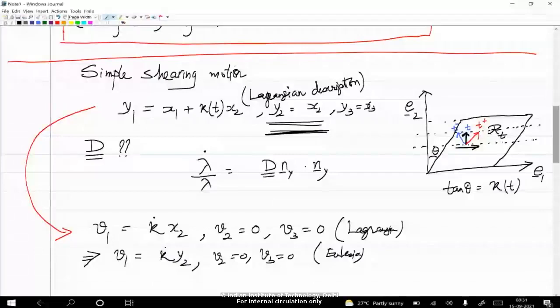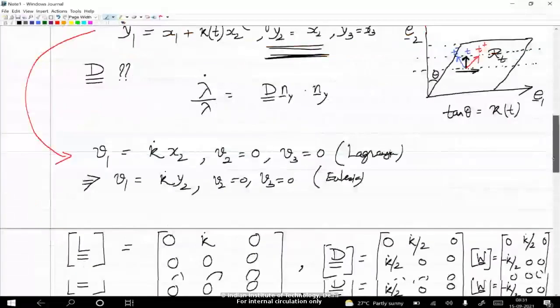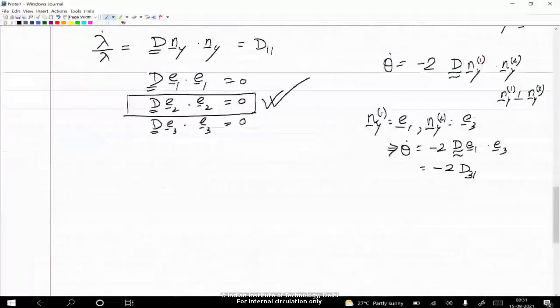So because the line element along E2 remains in the E1 E2 plane, the angle between the two line elements will always remain 90 degrees, and so theta dot will be 0. And that's why you're seeing that D31 is also 0. Sorry, D32 is also 0.